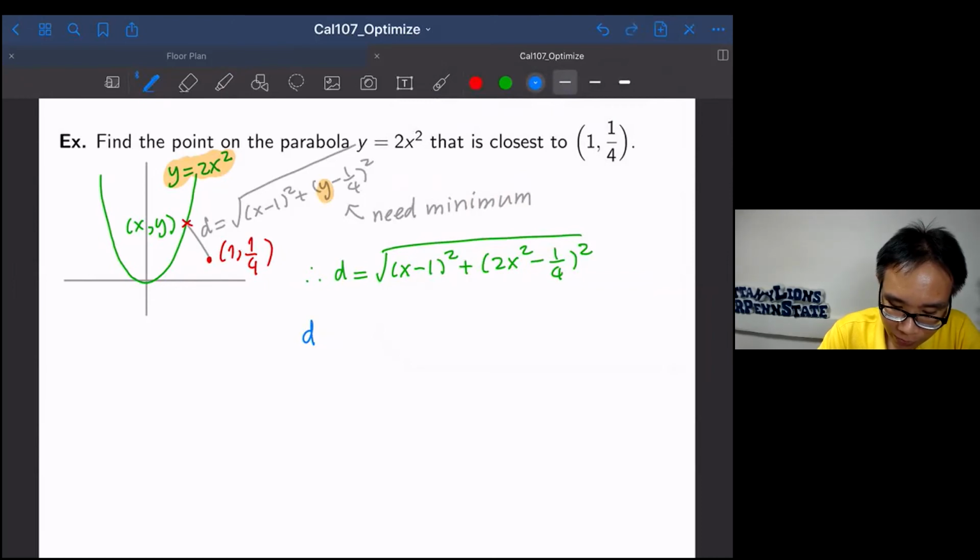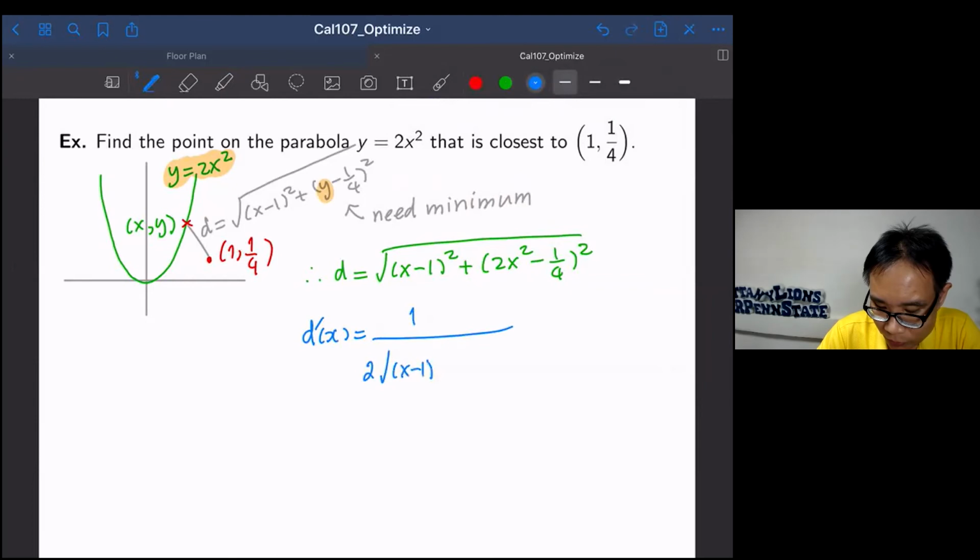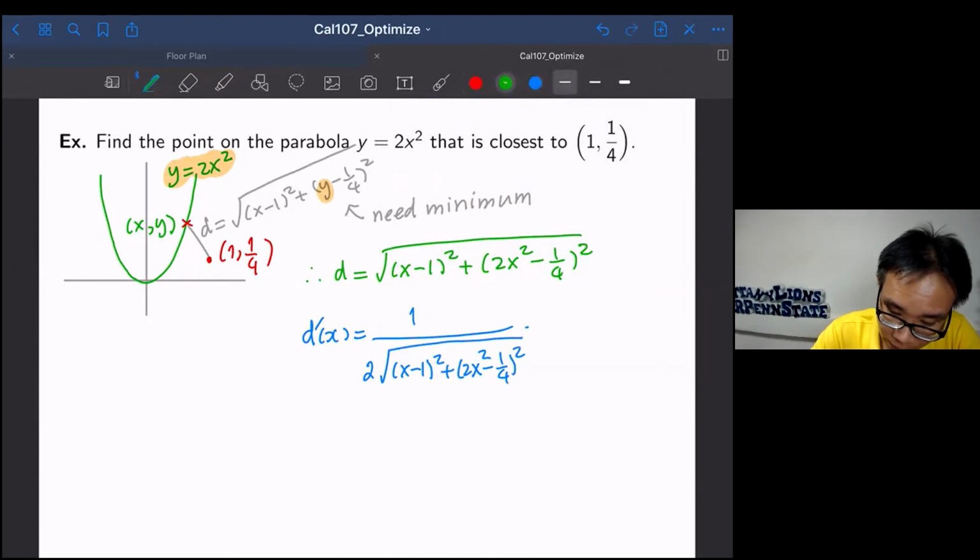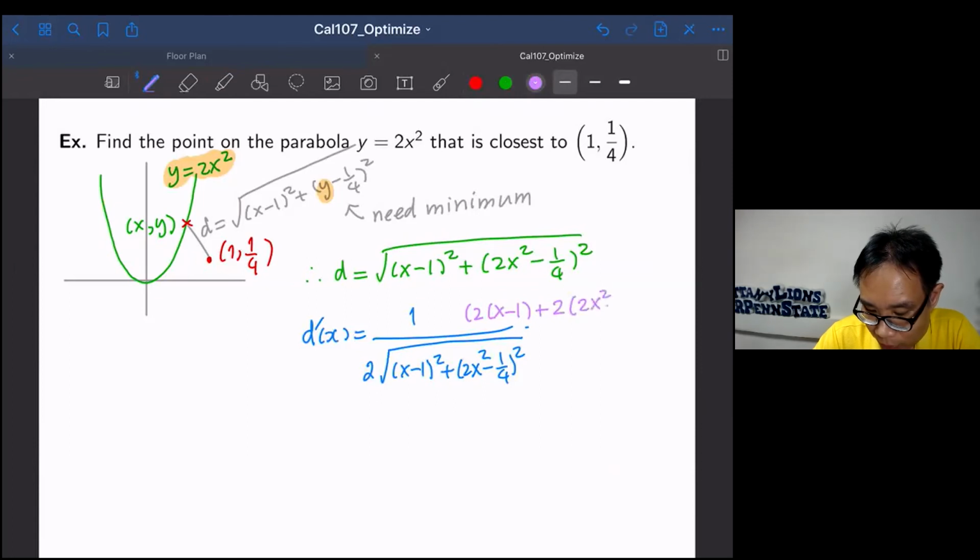So you write d prime of x, and this is going to be 1 over the square root of (x minus 1) squared plus (2x squared minus 1/4) squared, and then you differentiate inside. Let me use another color for differentiating inside. Inside, it's going to be 2(x minus 1) as one term, plus 2(2x squared minus 1/4) times 4x.